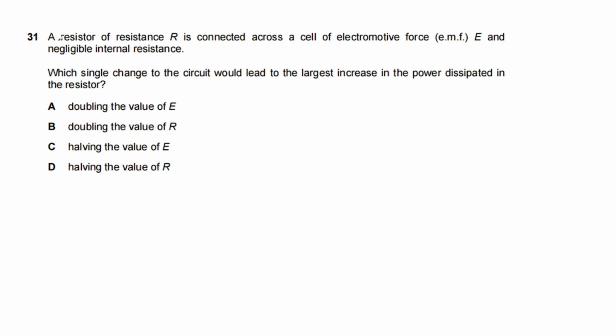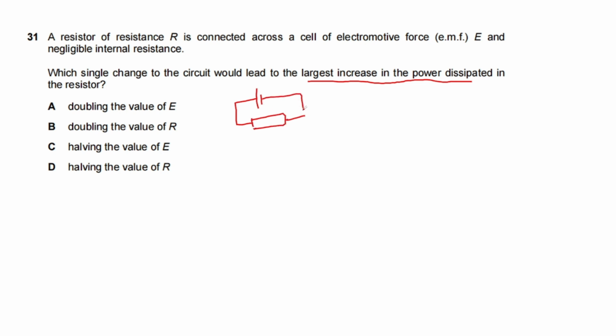Question number 31. A resistor of resistance R is connected across a cell of electromotive force E and negligible internal resistance. Which single change to the circuit would lead to the largest increase in the power dissipated in the resistor? So here you have a cell with an EMF value and a resistor, right?